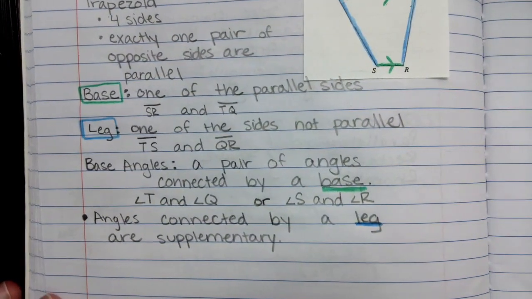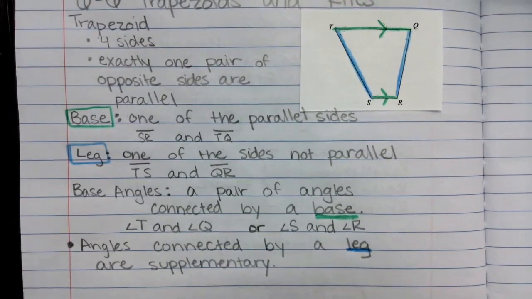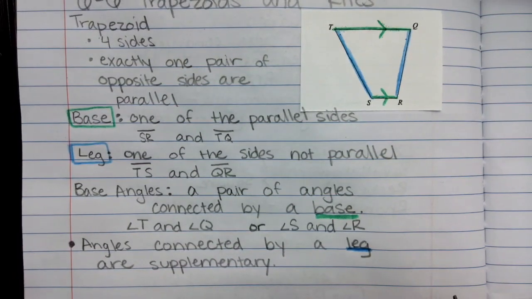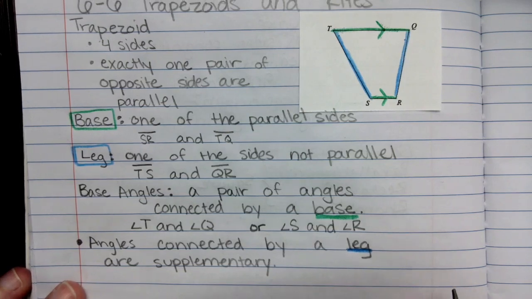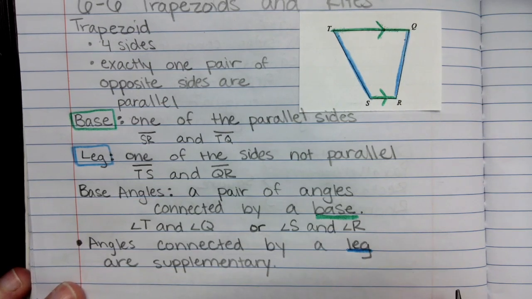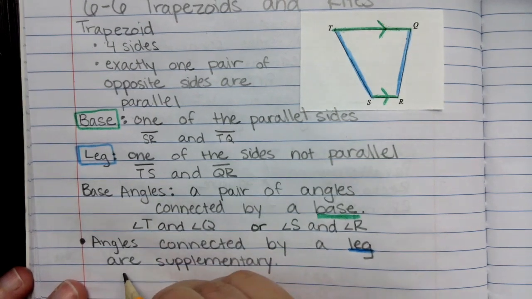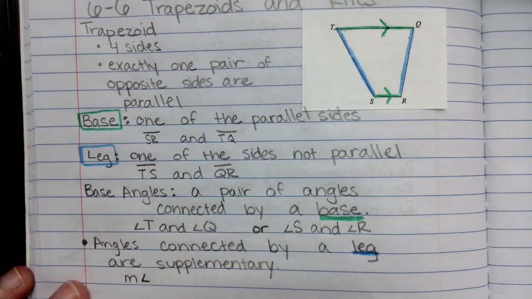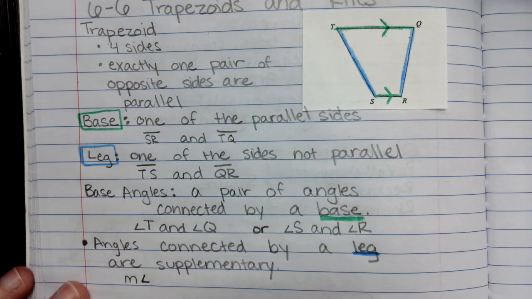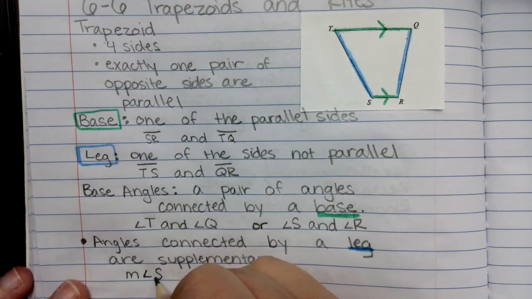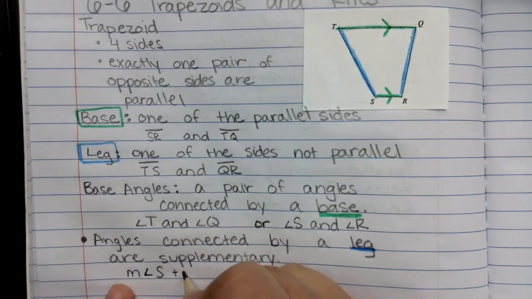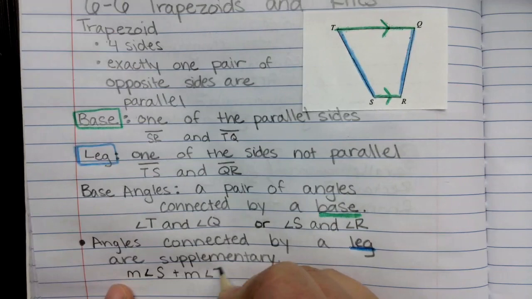S and T, or T and S. So the measure of angle S plus angle T will equal, what does supplementary mean again? 180. Okay, and there's another pair that share a leg. What pair is that? R and Q.